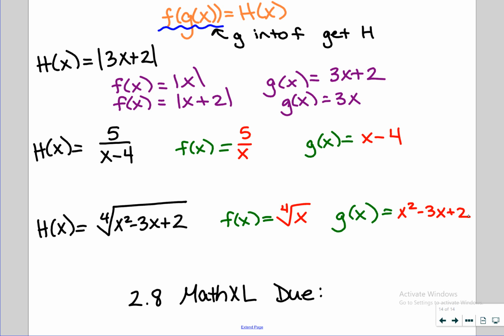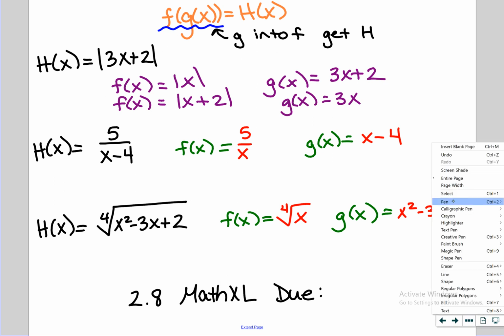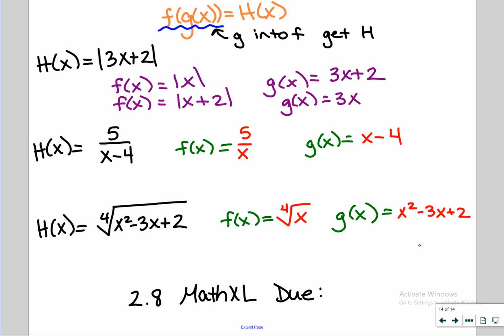Now, if it's not multiple choice, if you're making your own up, you could actually make your life really easy for these problems. For any of these problems, and maybe a couple of you saw this, I could make function g just x and make function f the same thing as h. Did anybody see that?